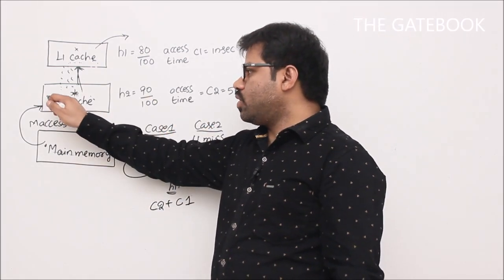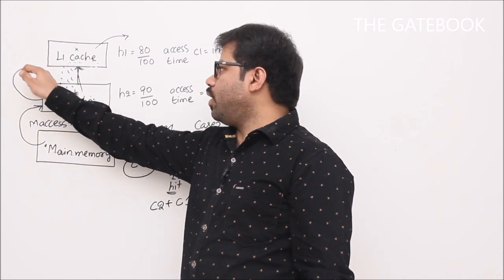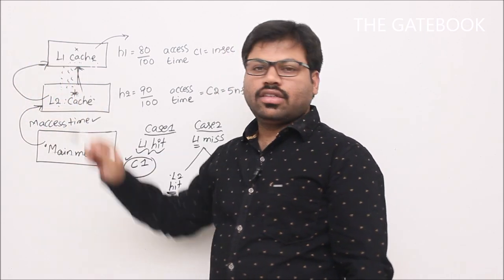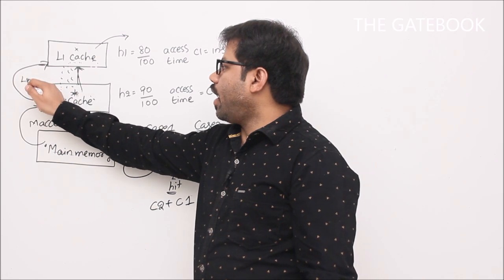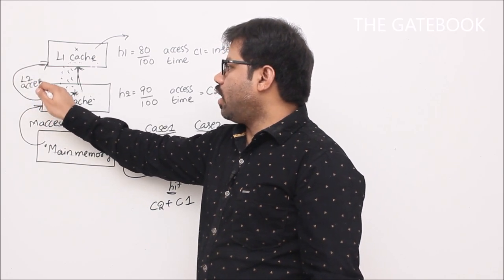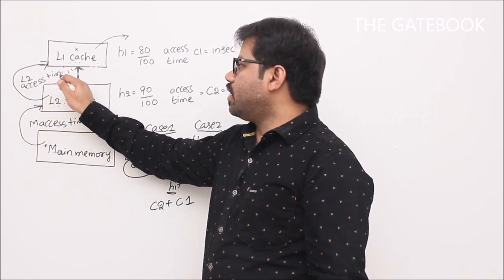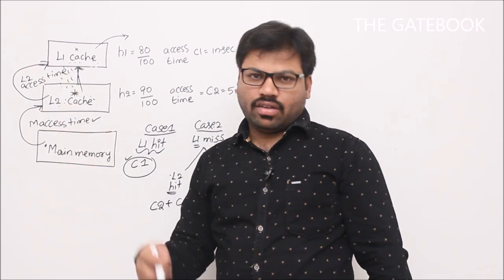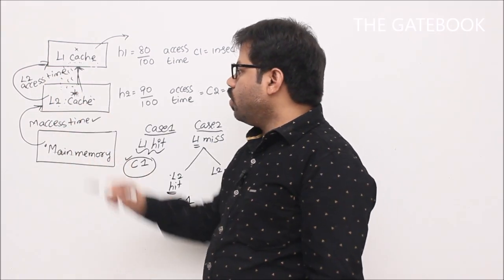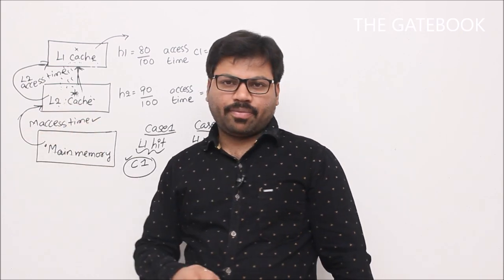Then we don't stop: we transfer the data from the L2 cache to the L1 cache. That is the L2 access time, or penalty at L2. This is the penalty of main memory. Understand?